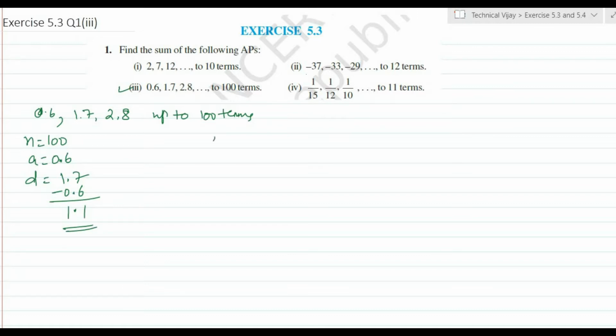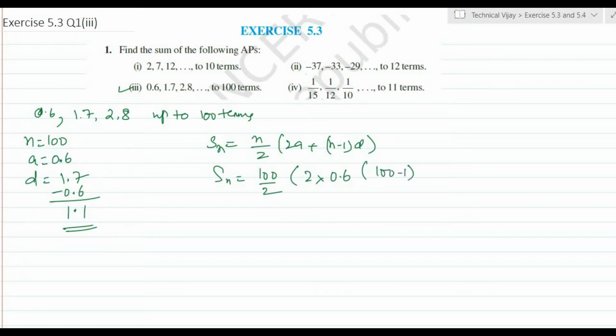So now we will put the formula, Sn is equal to n divided by 2 into 2a plus n minus 1 into d. So Sn is equal to 100 divided by 2 into bracket 2 into 0.6, plus here n means 100 minus 1 into 1.1.